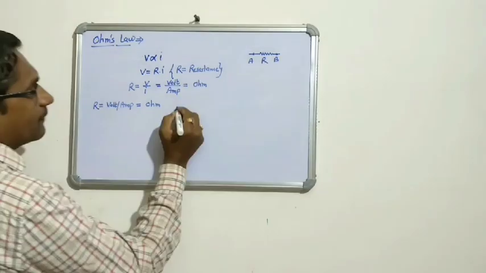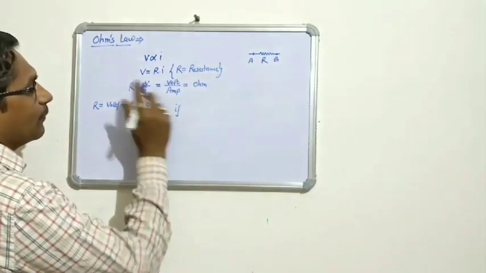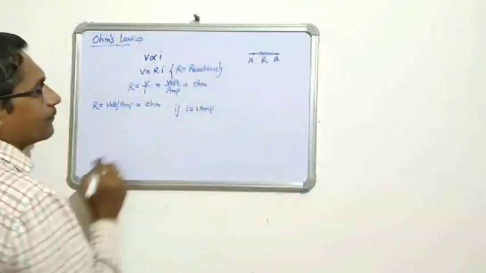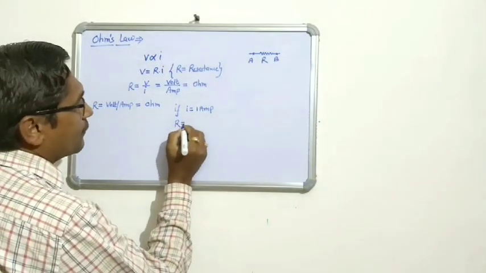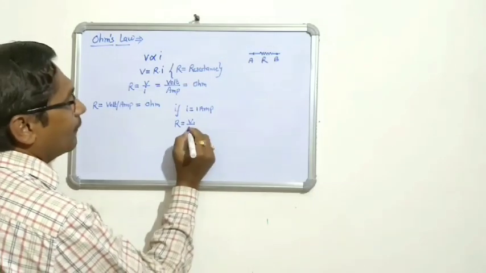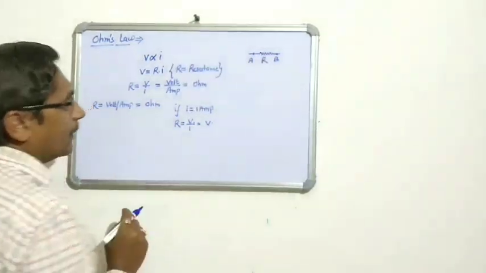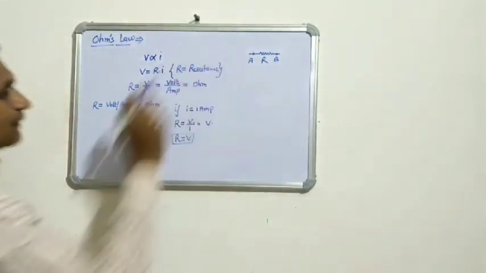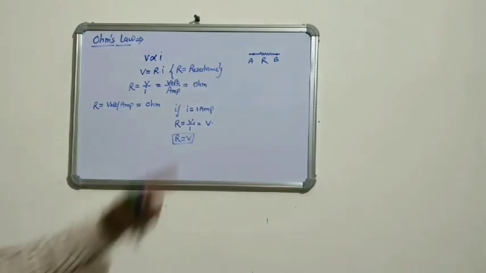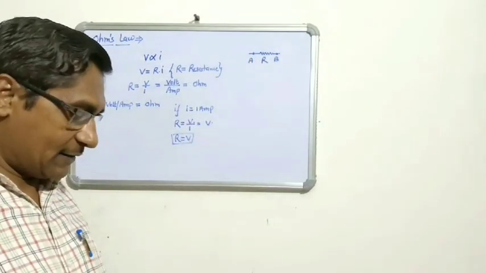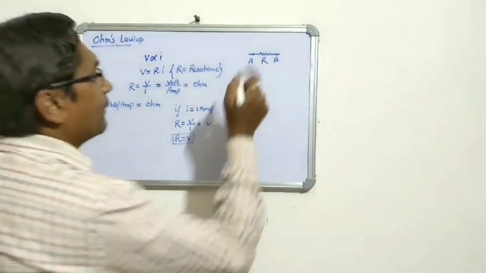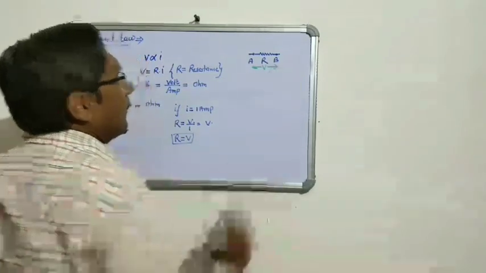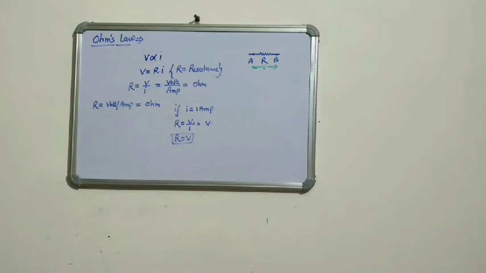According to this formula, if I equals 1 ampere, then R equals V by I, putting the value of I as 1, so R equals V. Now we can say, when 1 ampere current passes in an electrical circuit, then the potential difference developed across the wire is known as resistance.